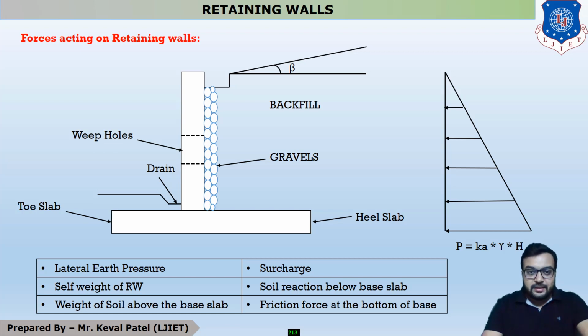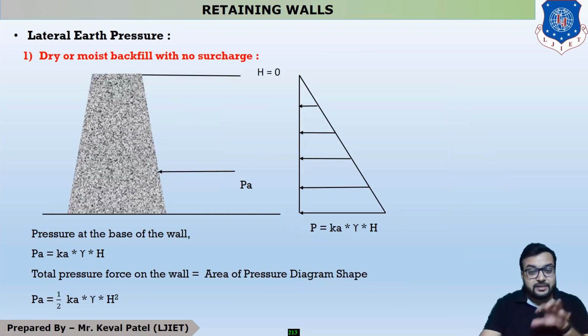Generally, there are 6 types of forces acting on retaining wall. Our first force is lateral earth pressure and the other 5. Now we are discussing how the lateral force acts on retaining wall, so let us discuss the topic of lateral earth pressure.